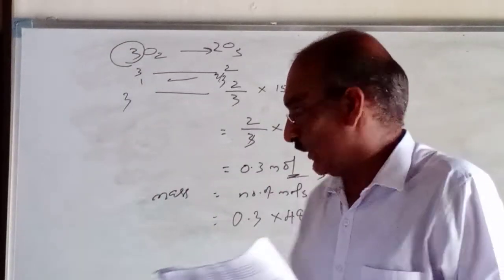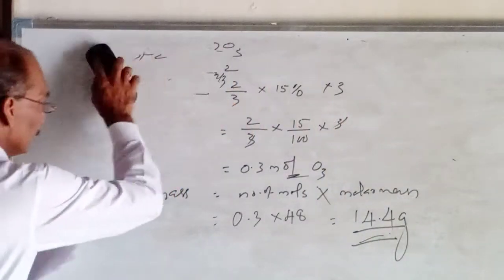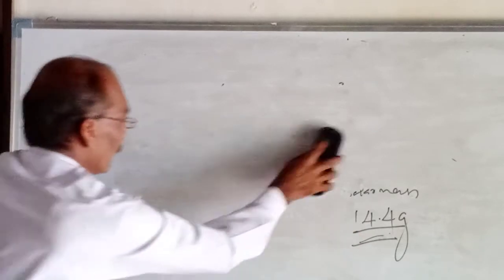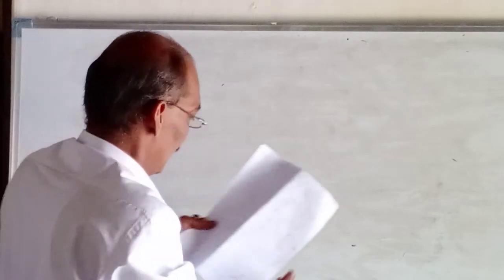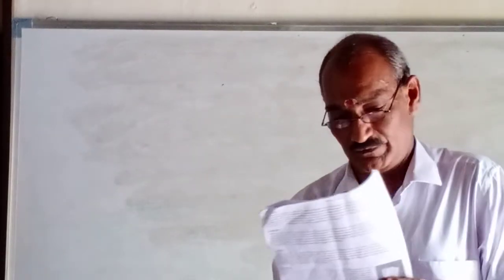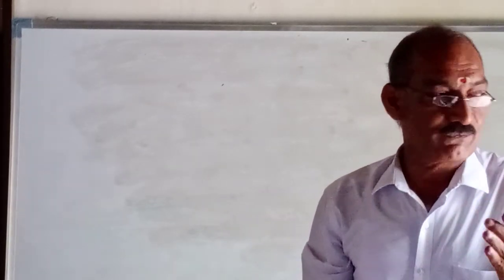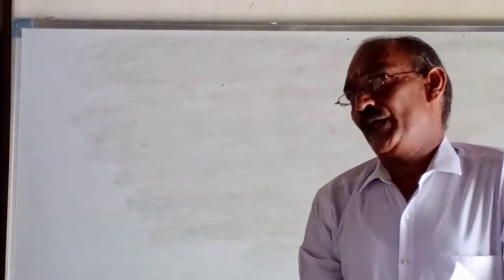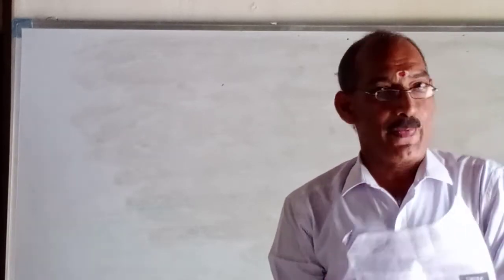RH2 ion exchange resin can replace Ca2 plus ions in hard water. This is from the chapter S block elements: hardness of water, soft water, hard water. Have you heard? Yes. In that lesson you study more about hardness.